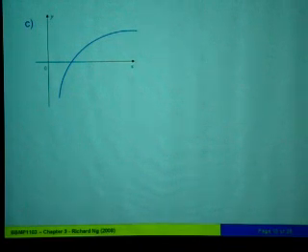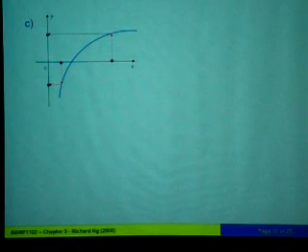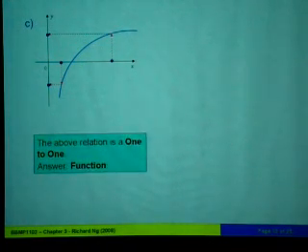Example C, for this curve, if you draw the lines, one input from x and then find the output, you will realize that one input produces one output. So this kind of relation is 1 to 1. If it is 1 to 1, then we can say this curve is a function.